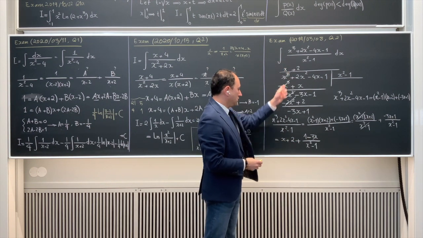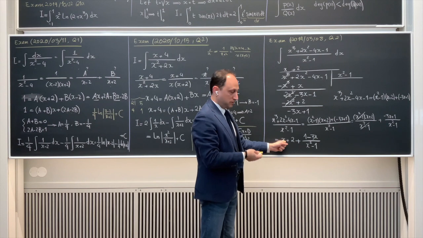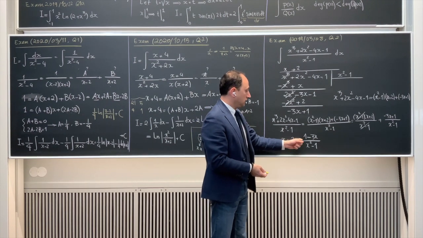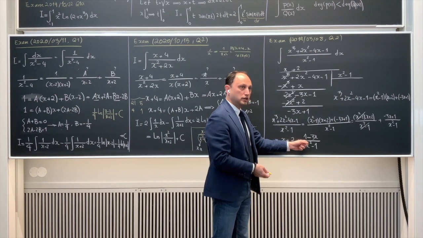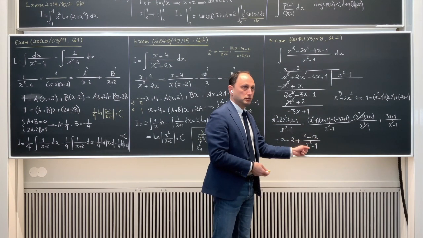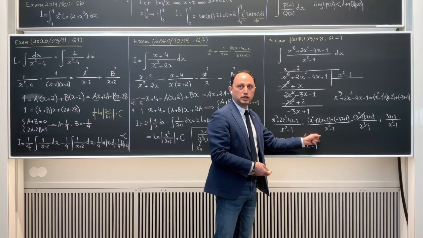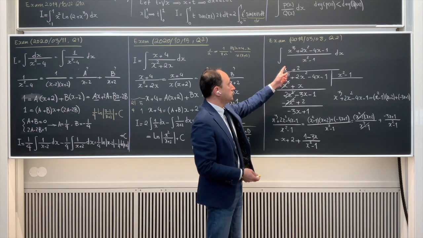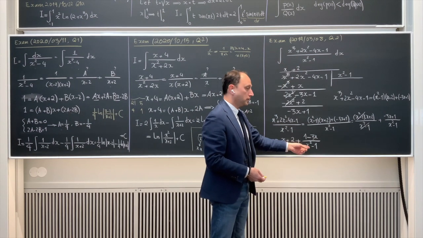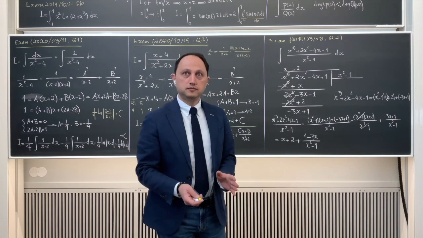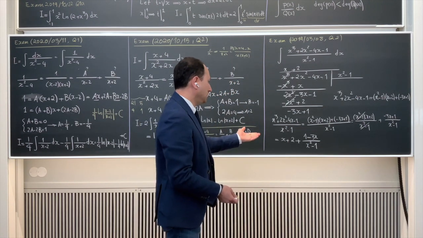I should integrate this one, which is very simple, this one, which is very simple, and at the end, this one. But we learn how to do this, because now this is a fraction of polynomials where the degree of the numerator is less than the degree of the denominator. So you see that you reduce this harder problem to a problem that you already know how to solve. Is that clear? Okay, so I don't think we need to continue here.